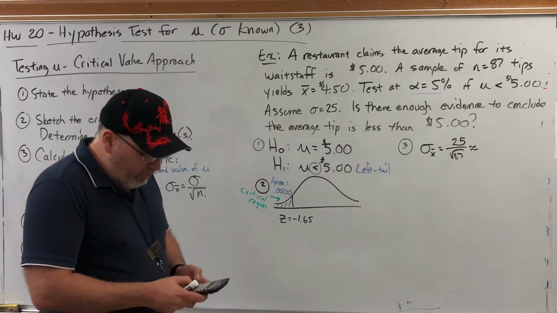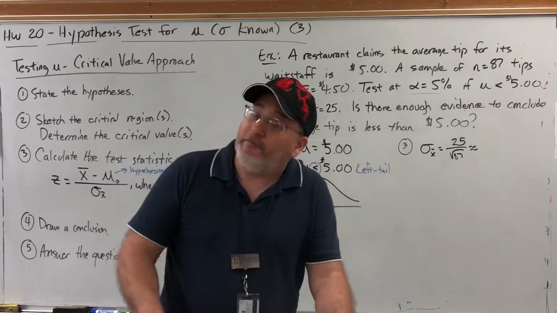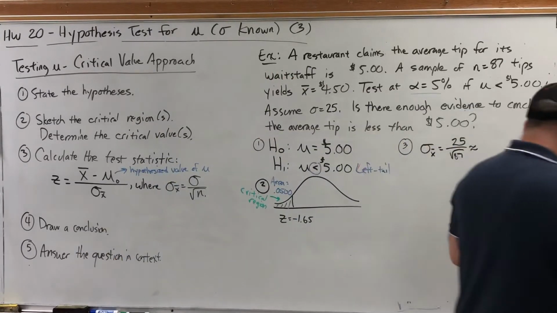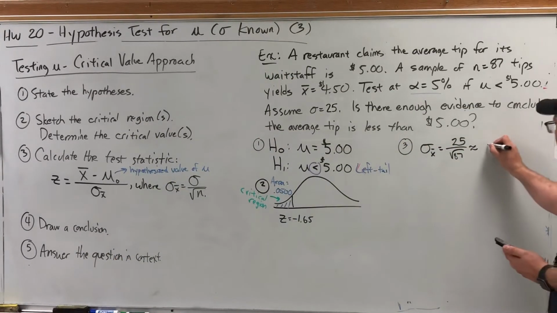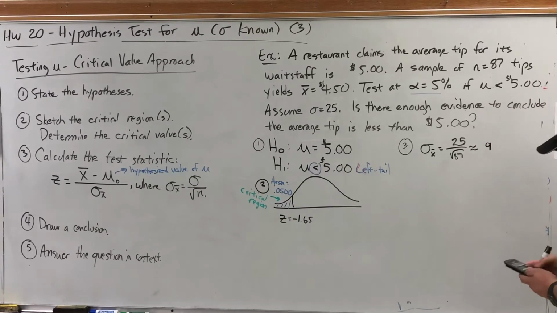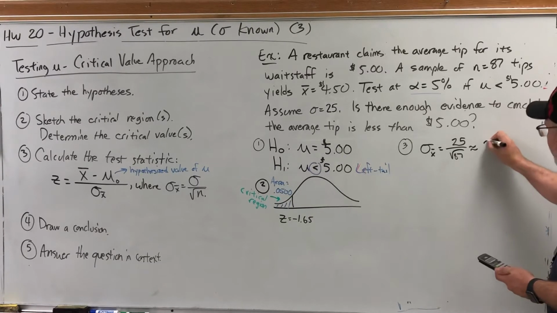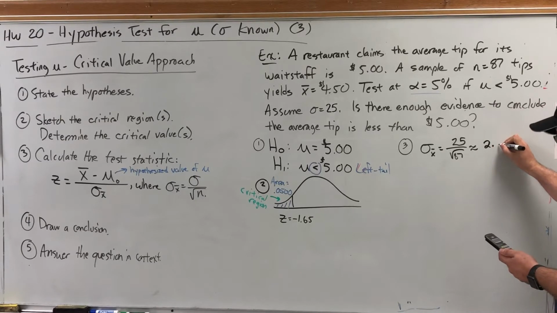You can almost never go wrong if you use 4 decimal places. You rarely need more. They may ask you for fewer, in which case you can round off later. So we get approximately 9, that's not right, that can't possibly be 9 something. 25 divided by the square root of 87, oh I forgot to press equals. 2.6803.